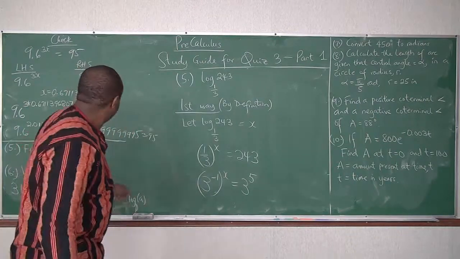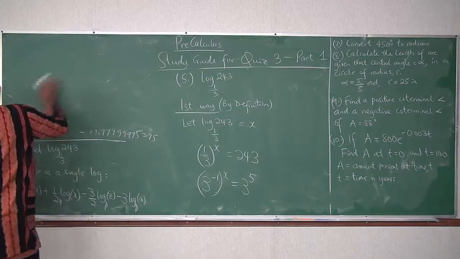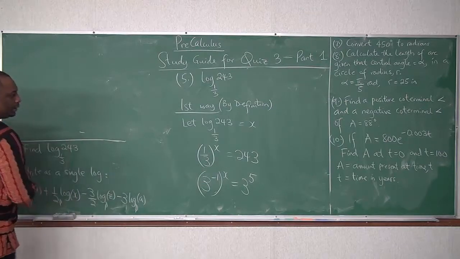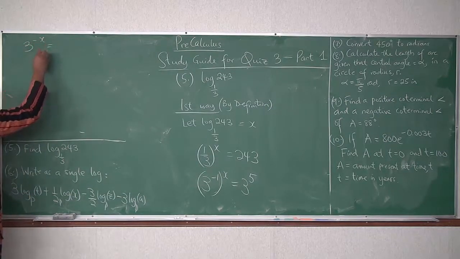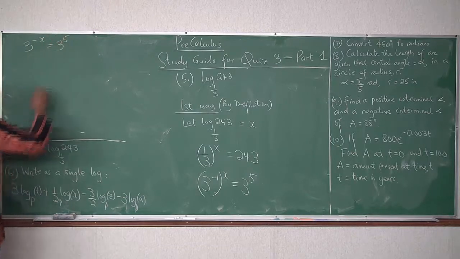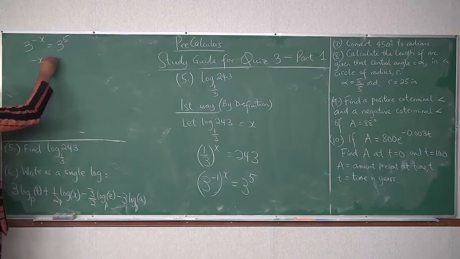So now we can finish this. We will now have that 3 raised to power negative x is equal to 3 raised to power 5. They have the same base, so equate their exponents. We now have that negative x is 5.